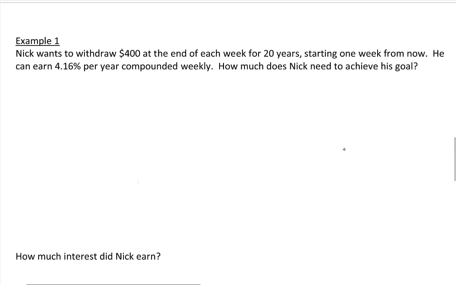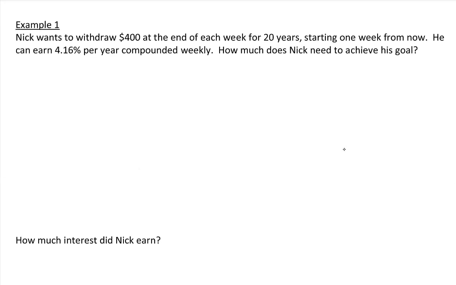So example 1, Nick wants to withdraw $400 at the end of each week for 20 years, starting 1 week from now. He can earn 4.16% per year compounded weekly. How much does Nick need to achieve his goal? So first of all, let's start with our formula. PV equals R times 1 minus (1 plus i) to the negative n, all over i. So what values do we have?